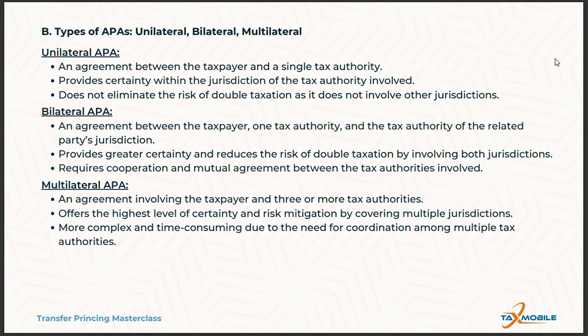The disadvantage is that it requires mutual cooperation between the tax authorities involved, which can be really time consuming. You can imagine having an advance pricing agreement between maybe HMRC UK and FIRS. It is going to be time consuming and also resource consuming as well.